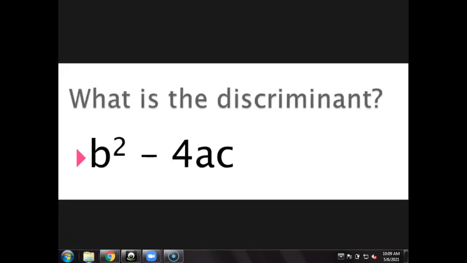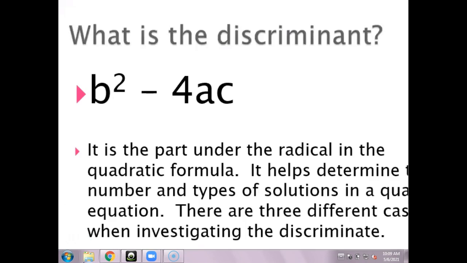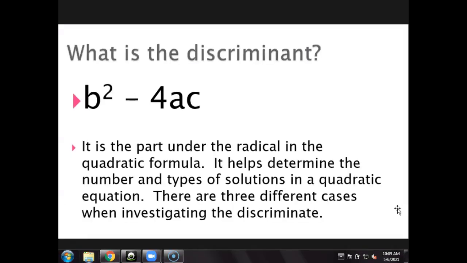The discriminant is b squared minus 4ac. It helps us to determine the number and types of solutions in a quadratic equation.